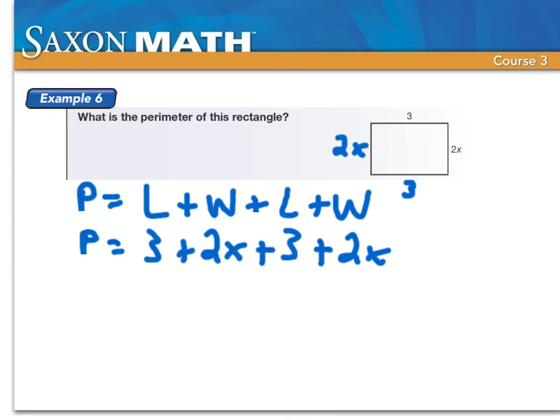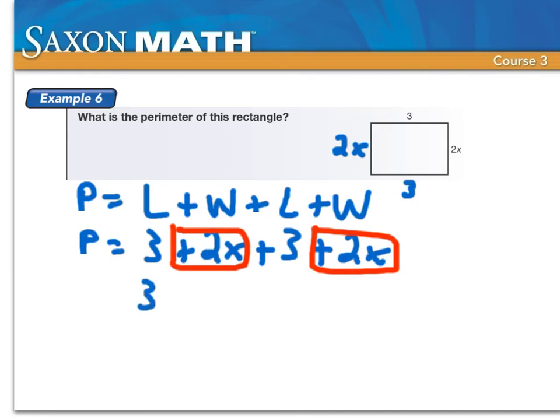Now I just need to combine my like terms. Okay? Well, terms that are alike. Let's see here. We've got some x's. I've got 2 x's and another 2 x's. Alright, well, my 3 stays.